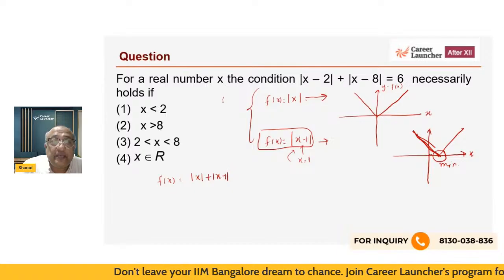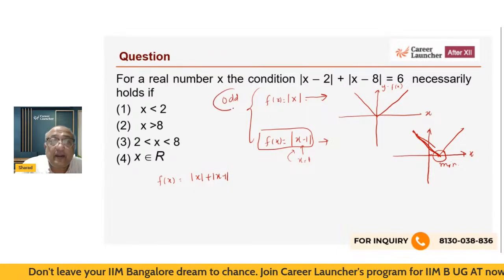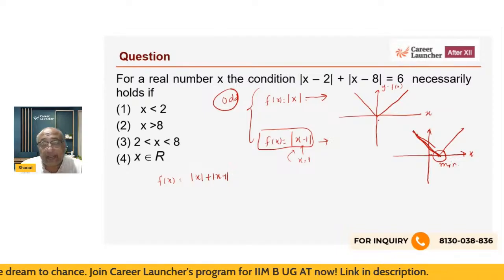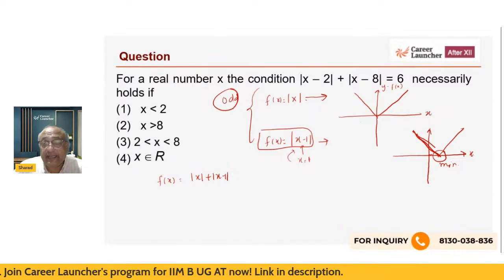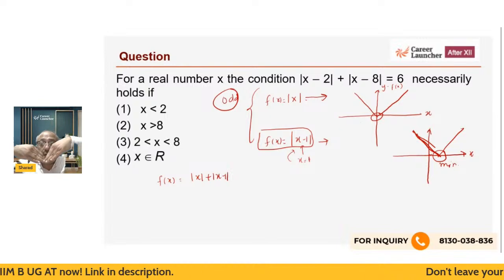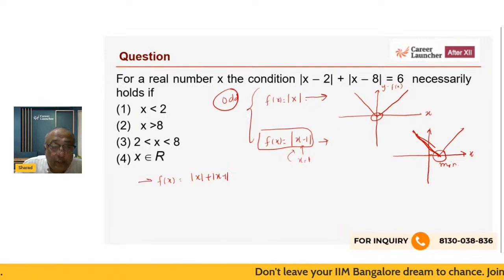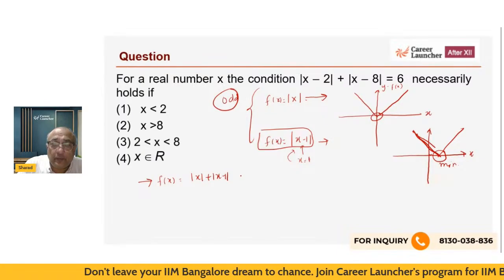What are the values here? If there are an odd number of mod terms which are added, I will get one minima, a funnel, conical kind of a shape. But if I have two mods added, this is a wonderful shortcut.